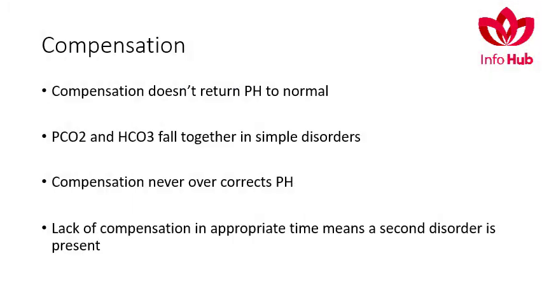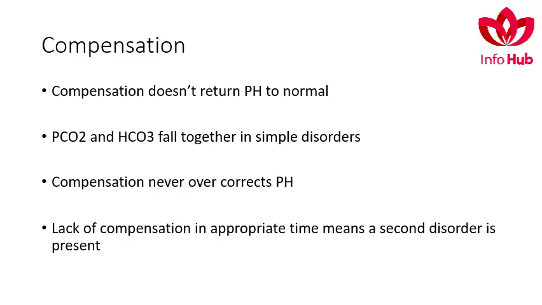Compensation is again an important part of arterial blood gas analysis. Compensation doesn't usually return pH to normal. It is important to first know the simple disorders. In simple disorders, the PCO2 and HCO3 values go in the same direction.